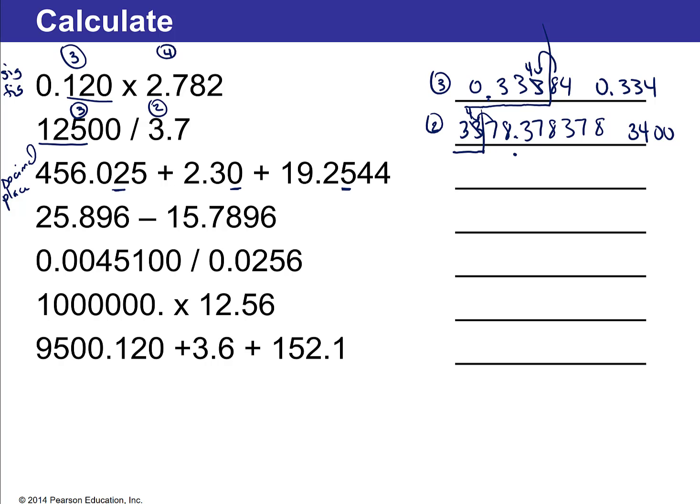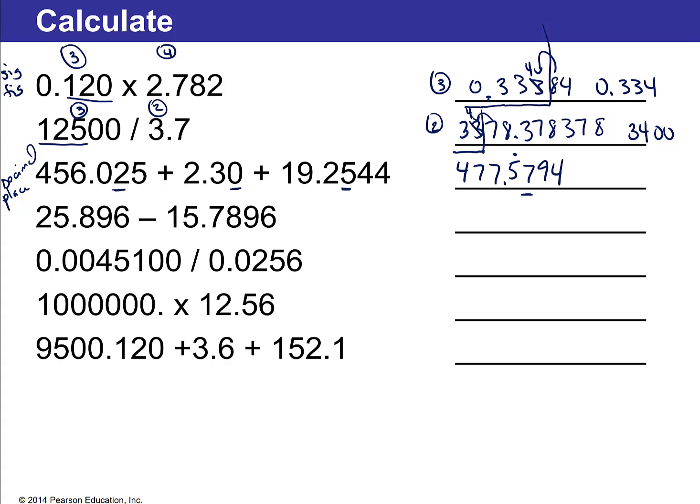So 456.025, 2.30, and 19.2544. So I get 477.5794. So find the decimal place they all have in common, 2.